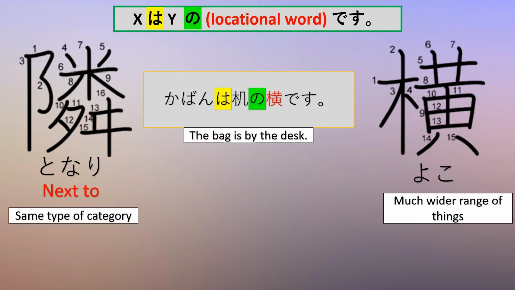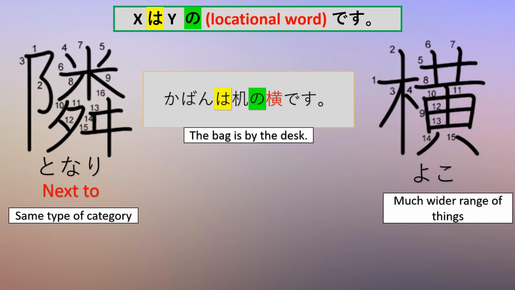Yoko is the word that means that an object is located on the sideways direction of the other object, unlike tonari, which requires the same type of category. The object you're describing with yoko doesn't have to be the same type, size, or category, as long as the object is located in the left or right direction of something.